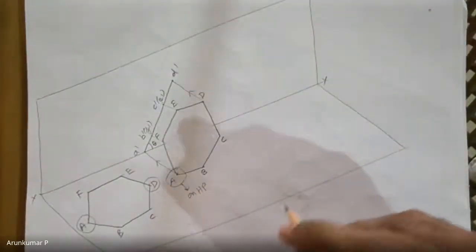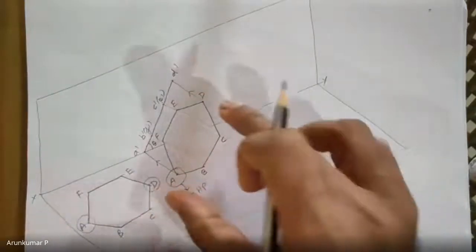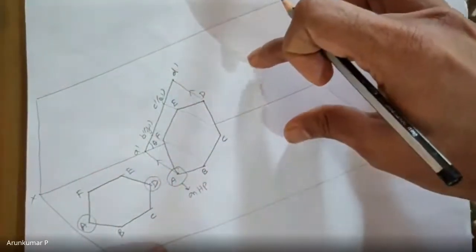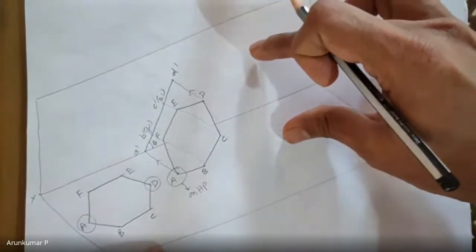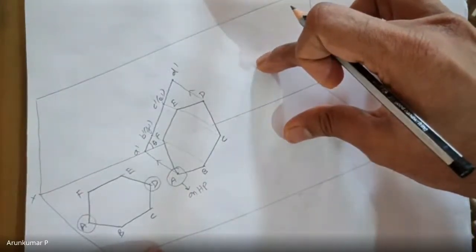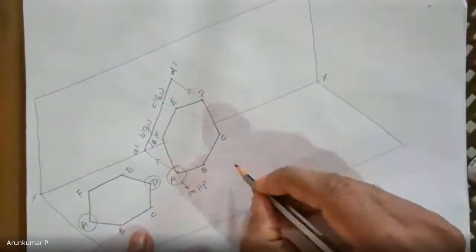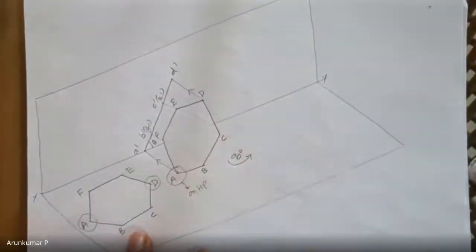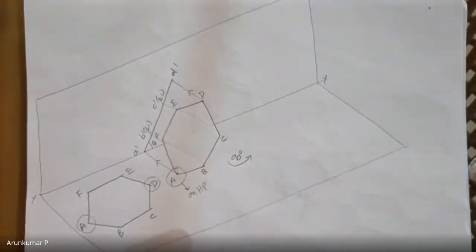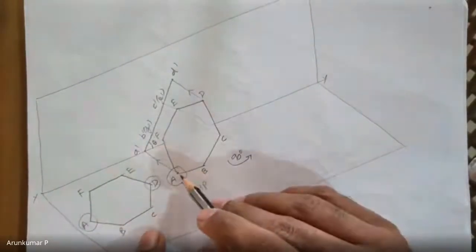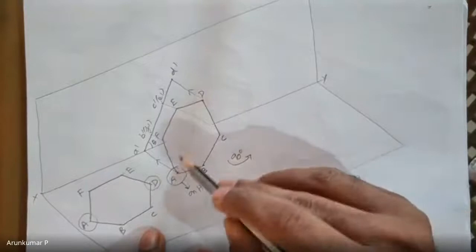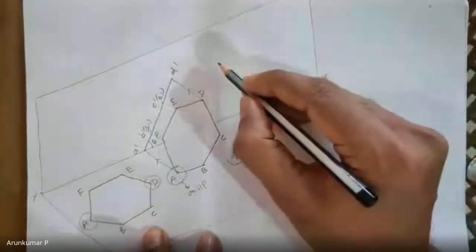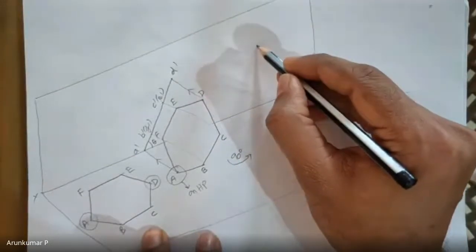Now, third step, you will have to ensure that you rotate in such a way that corner A is on HP and the opposite corner D is on VP. So you will be rotating again in the anti-clockwise direction by 90 degrees, and you will be repositioning in such a way that the corner A is on HP, the opposite corner D is on VP. So please observe how it is done.